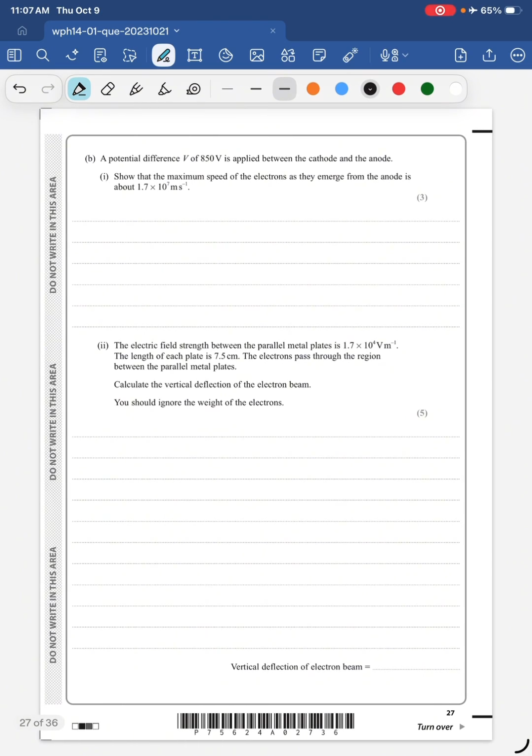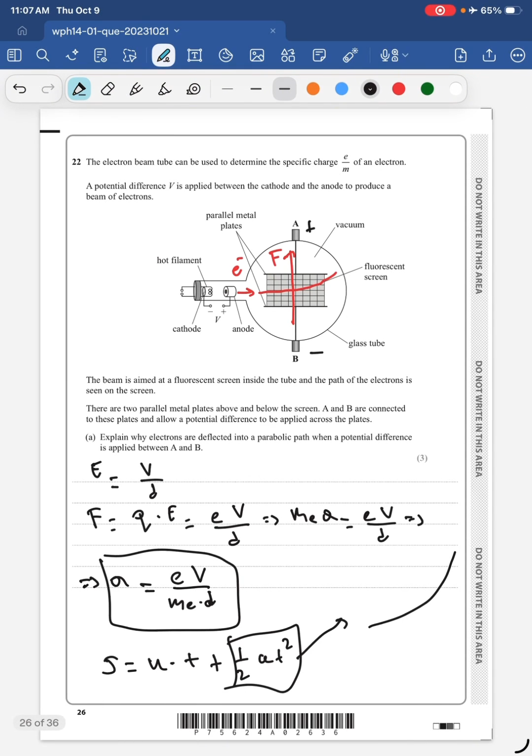Part B. A potential difference V of 850 volts is applied between the cathode and the anode. Show that the maximum speed of the electrons as they emerge from the anode is about 1.7 times 10 to the 7 meters per second. Here they are talking about this voltage, which is different from this voltage.